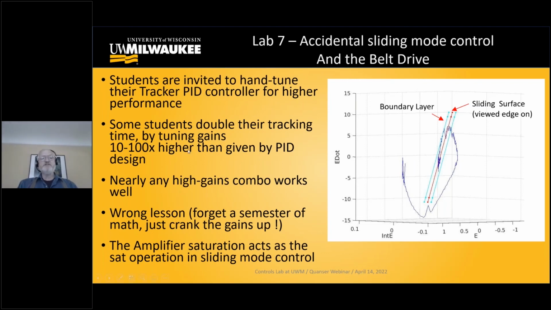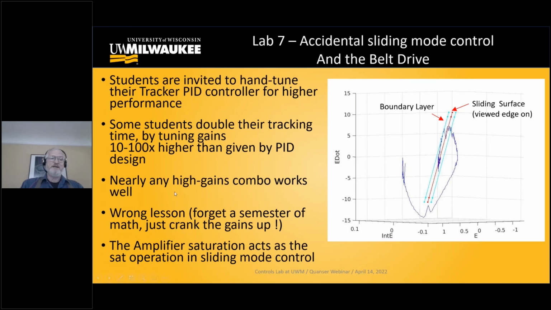But we found that some students would double their tracking time by tuning gains to crazy high values, hundreds of volts per radian, thousands of volts per radian second. These are values that are 10 to 100 times higher than the values given by PID control design, and yet they got improved performance.